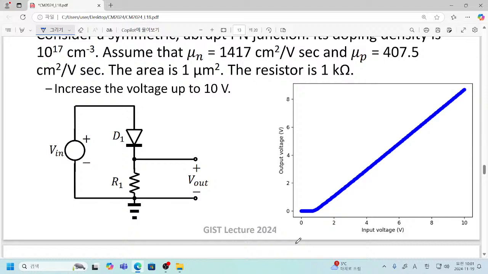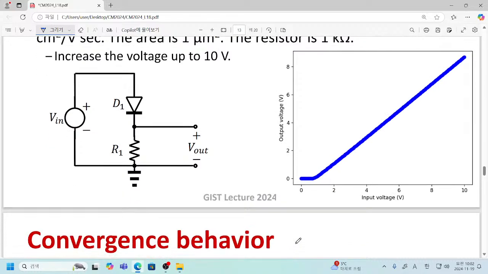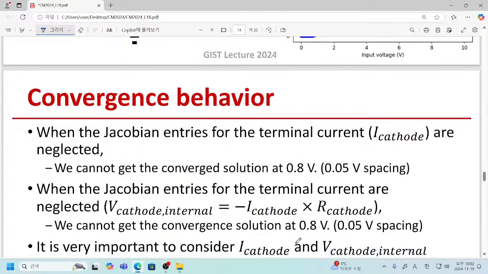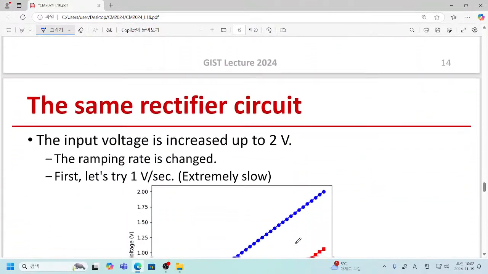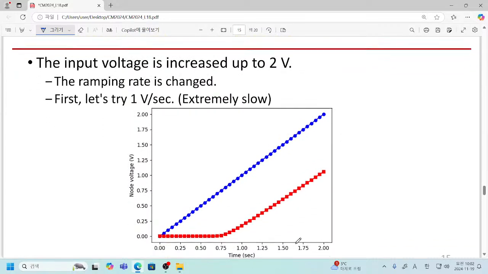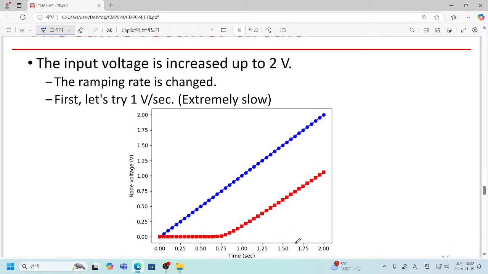In order to develop the mixed mode capability, you have to include the I, V variables into your unknown variables. That is the key. Okay, so please do it. And let's just combine these two new simulation capabilities. Mixed mode, transient. Yes, now you can do it.